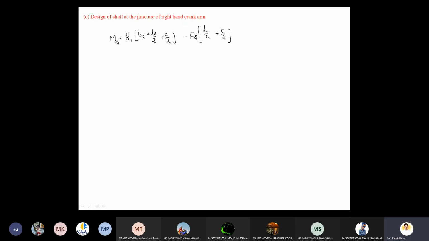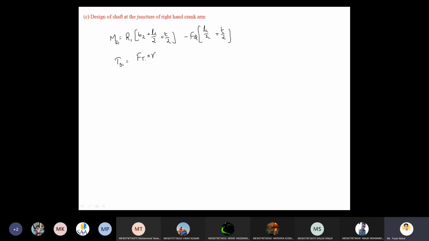And the twisting moment at the juncture of the right hand crank arm, twisting moment Ts1, is due to the tangential force, generated with the crank radius.